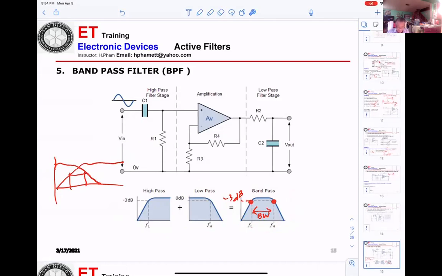It has two cutoff frequencies, not one. One they call F low, the other F high. Some call them F1 or F2, it doesn't matter. So the bandwidth of the bandpass filter is the difference between F high and F low. Okay, that's a bandpass filter.